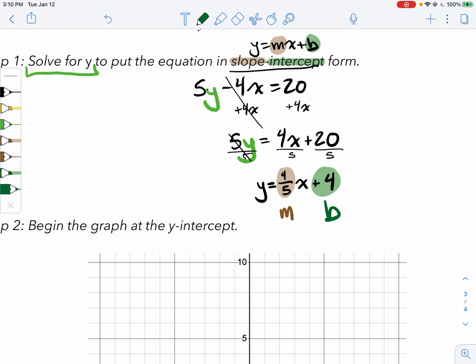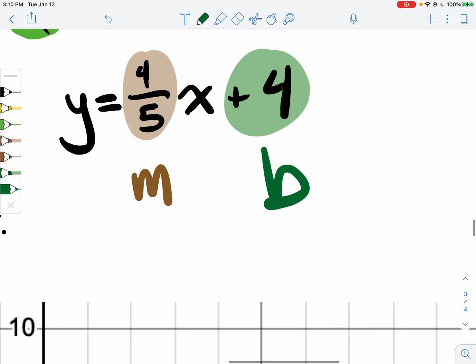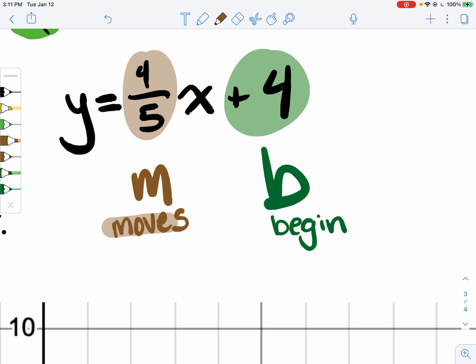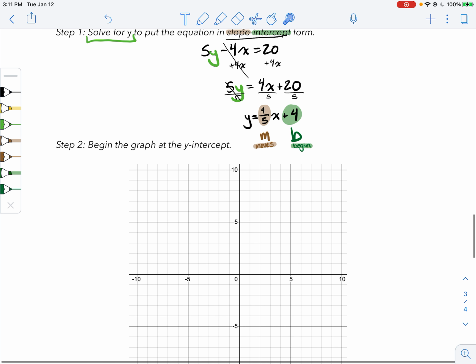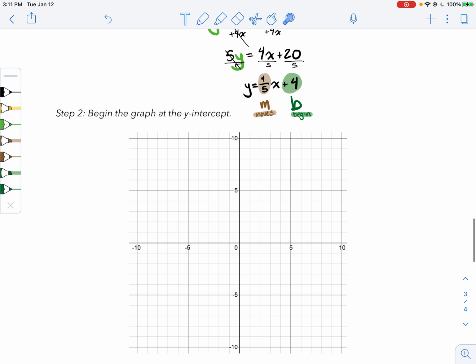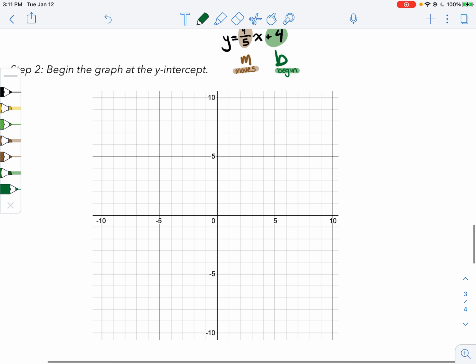Now that we know our slope, m, and we know our intercept, b, I'm going to show you a fun trick to help you remember. Our slope m describes how the graph moves after it begins at the intercept b. So let's begin the graph at the y-intercept. Our y-intercept is 4, meaning we go up 1, 2, 3, 4.